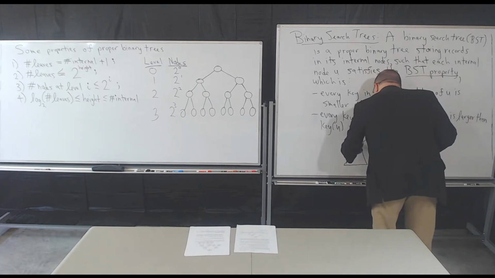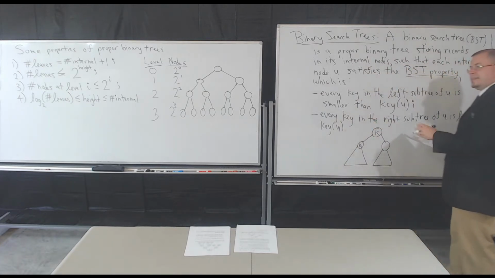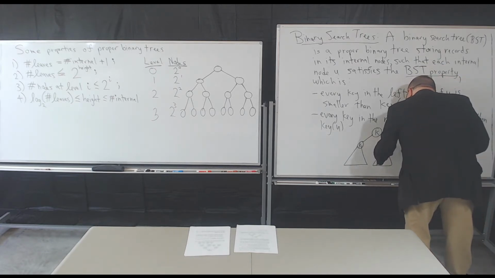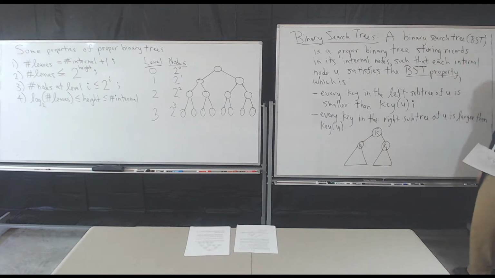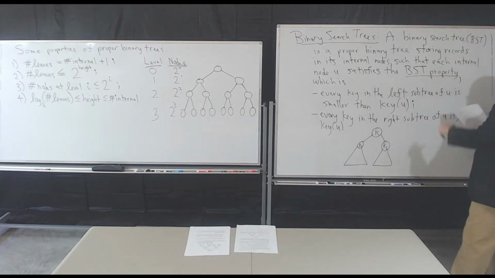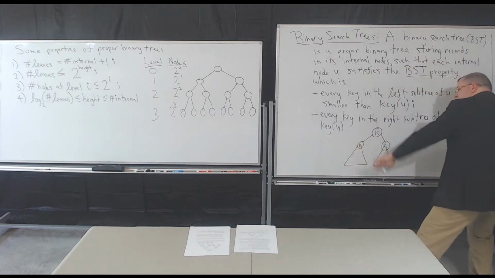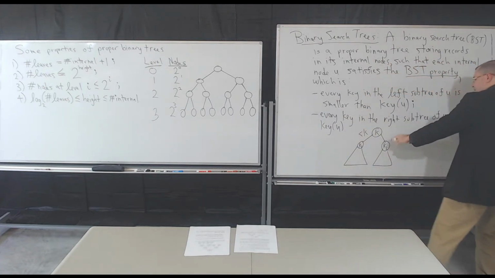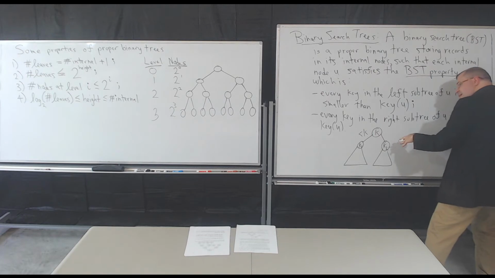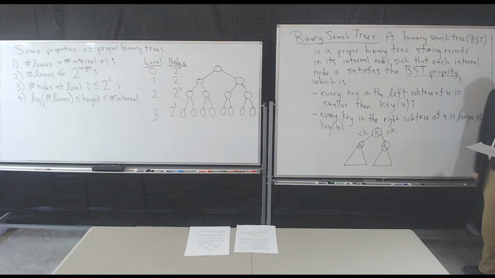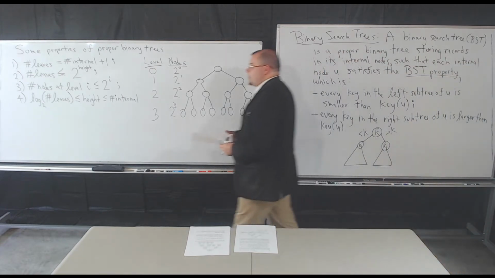Suppose that the node that roots its left child's subtree is K1, and the right child's subtree is K2. The property here would dictate that anything in this left subtree, any one of these nodes, its key has to be less than K. And anything in this right subtree, all of the nodes here have keys that have to be greater than K. Okay? So that's what the binary search tree property says.